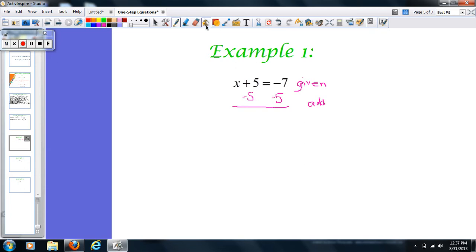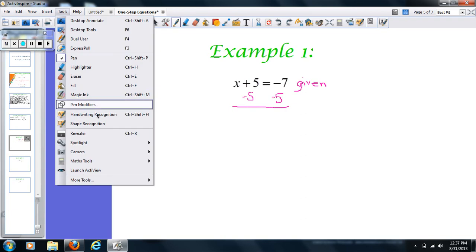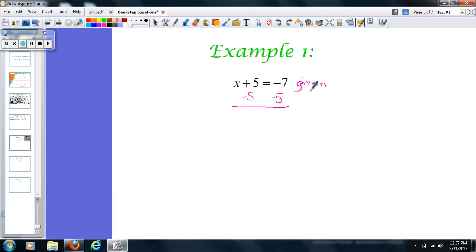Let me see if I can change something real quick. Handwriting recognition. All right. So this would be the additive. Let's see if it fixes it. Oh, look at that.